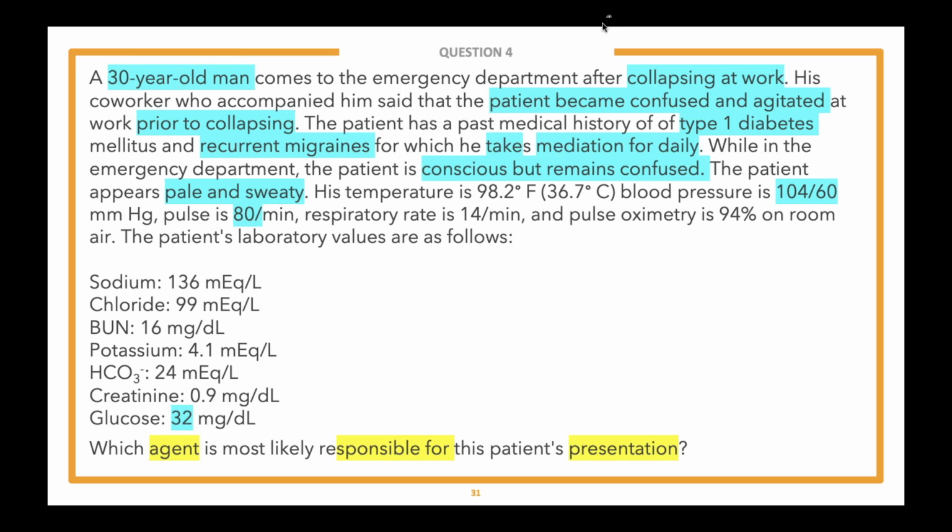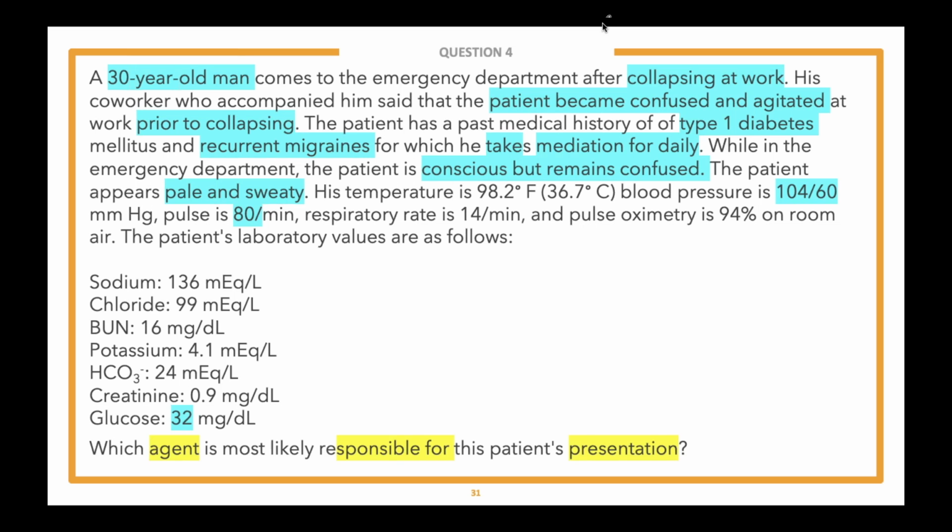Again, demographics: this is a 30-year-old man who collapsed at work. They give us some information about what happened prior to him collapsing, his medical history, some of his medications, physical exam findings, and then also some lab values. It's important to go through those.